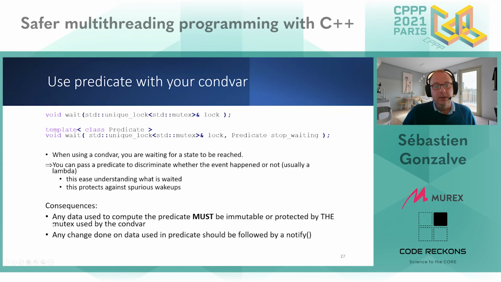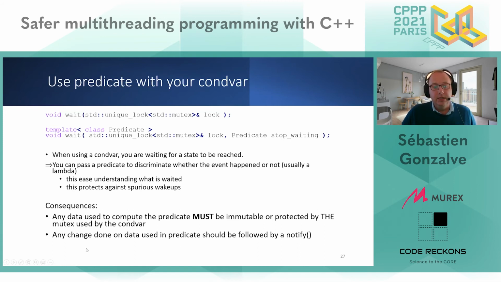This means, as a consequence, that anything used in the predicate should be either immutable, so maybe constants, or protected by the mutex you are using here. If you modify things without using this mutex, the predicate won't behave correctly.